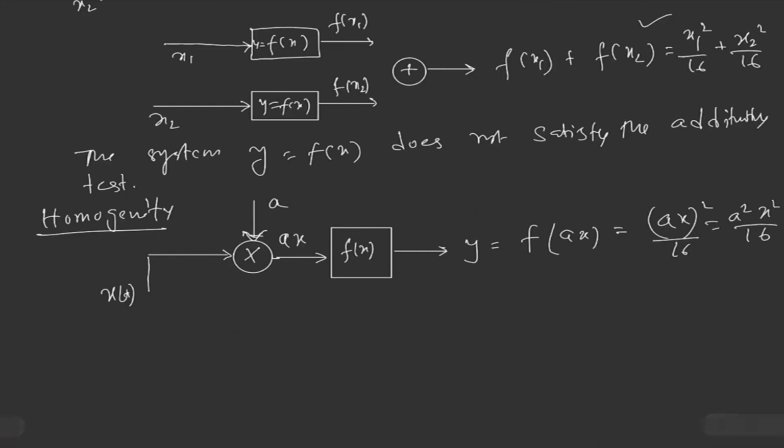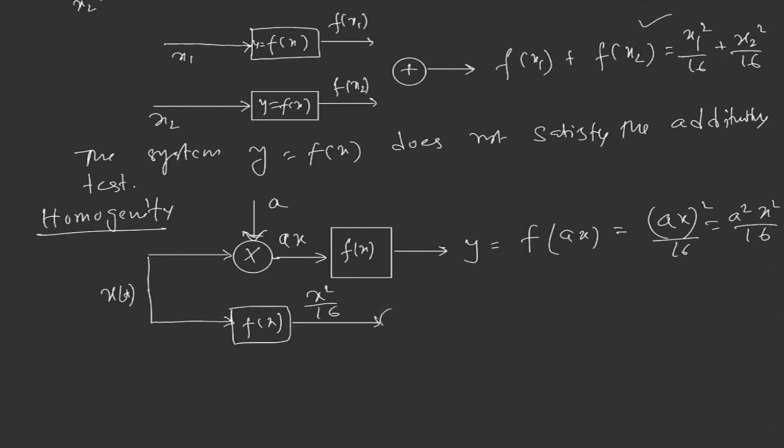Now, if you notice here, we are multiplying the reference input x(t) by the scaling factor a before we apply it to the system, basically pre-multiplication. Now, if we apply x(t) as it is to the system f(x), and the output from this block we can write x squared by 16.